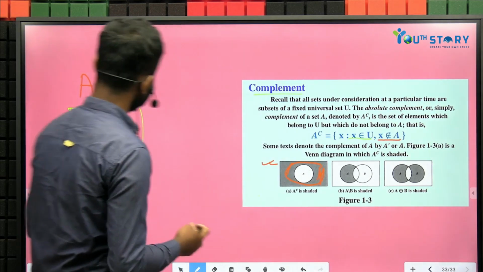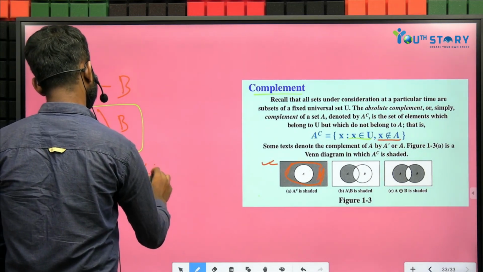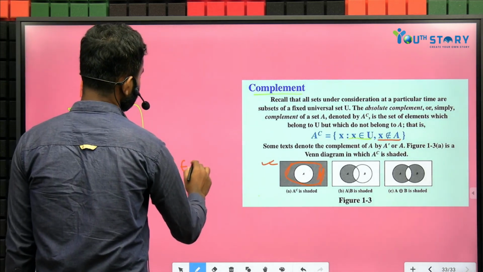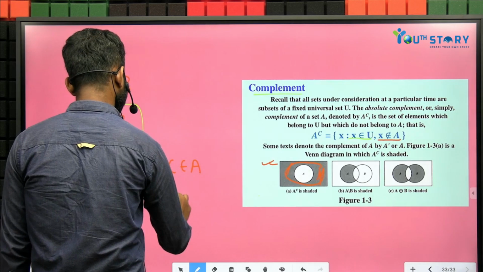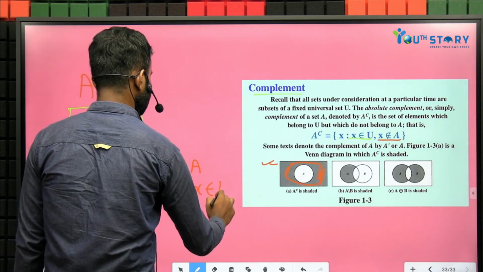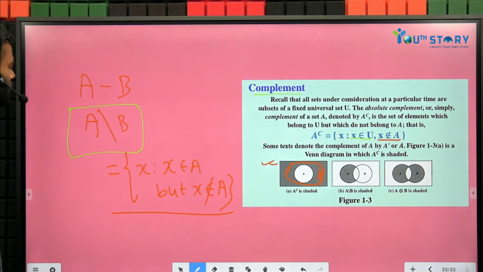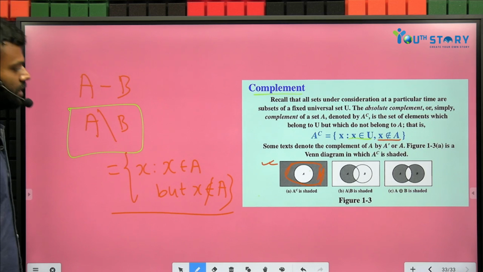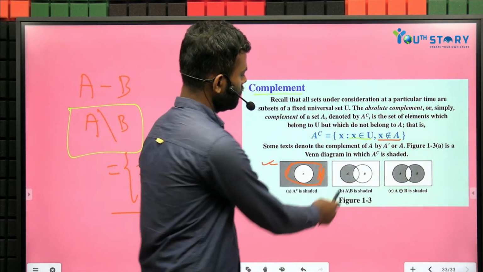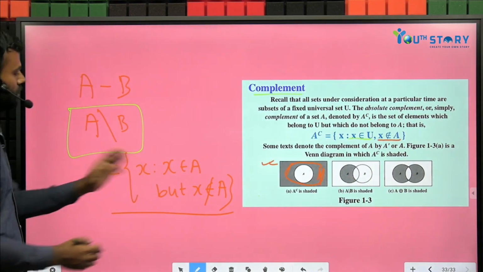We define this set by taking all elements X such that X is in A but X is not in B. This collection gives the set A minus B, and the corresponding Venn diagram will be this.